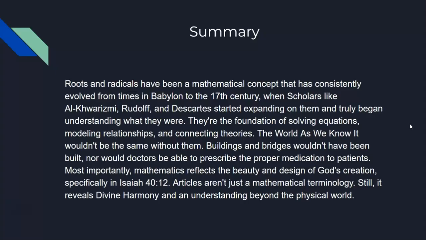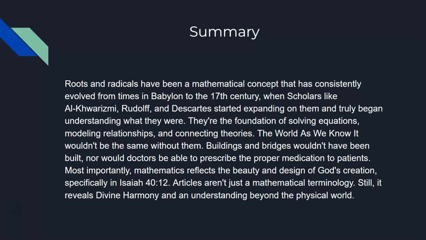So, in summary, roots and radicals have been a mathematical concept and have consistently evolved from times in Babylon all the way to the 17th century, when scholars like Al-Khwarizmi, Rudolff, and Descartes started expanding on them and truly began understanding what they were. They're the foundation of solving equations, modeling relationships, and connecting theories.